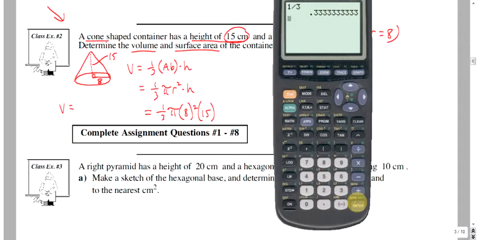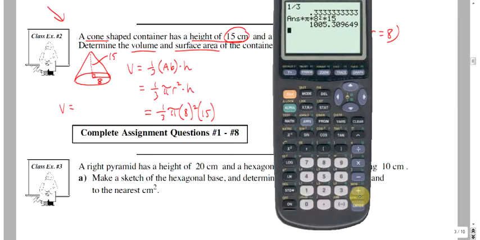It's that. Do not use 0.3. Okay? Don't do that. That's an approximation. You're going to use that number times pi. Okay? Times 8 squared. Or 8 times 8, if you like. Times 15. Okay?